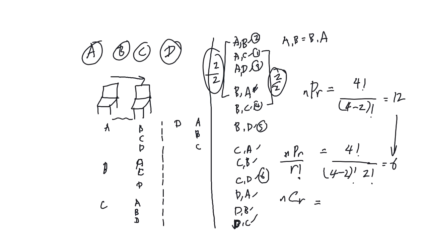So from this relationship, we can have nCr times r factorial equal to nPr.